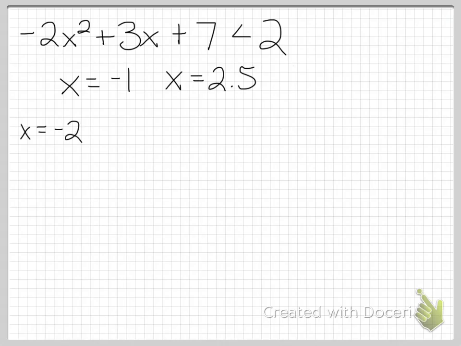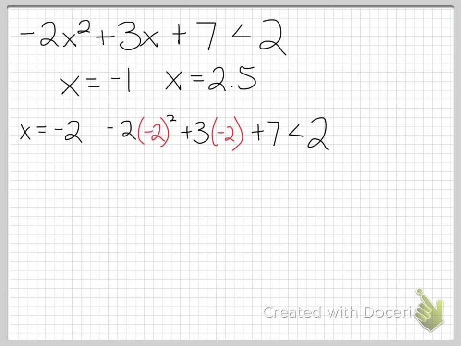So if I use a negative 2 in place of everywhere I have an x, then I would have negative 2 times negative 2 squared plus 3 times my negative 2 plus 7 must be less than 2. And then let's see if that's actually true.